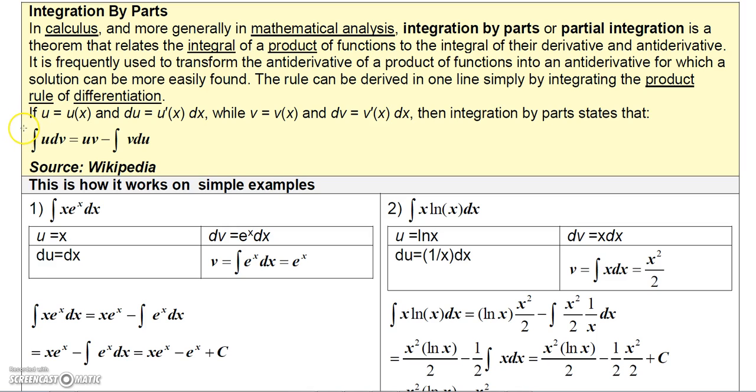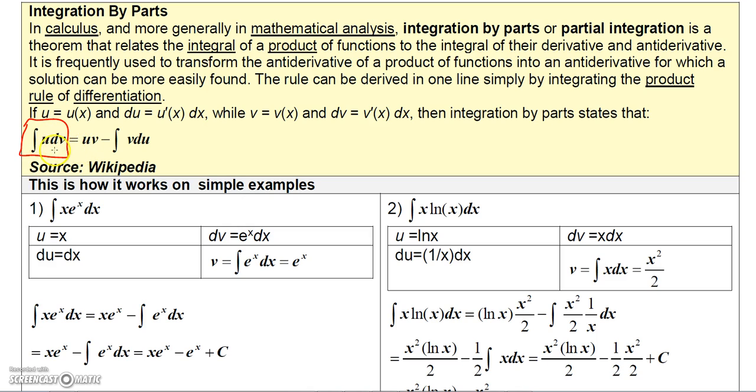What we're going to be looking for is an integral that we can write in the form of u dv. Once we determine what u is and dv is, from u we can find out what du is, and from dv we can determine what v is.